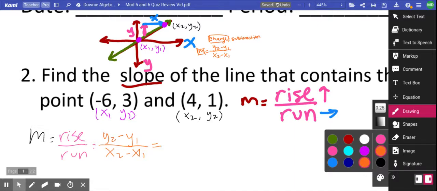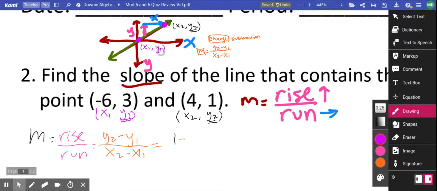So let's plug in our points as they are. We know that y2 is a 1. I'm going to keep my subtraction sign. We know that y1 is our 3.